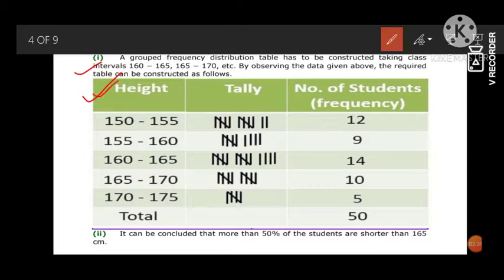The first column is the height of the student, next column is tally, and the last column is number of students, that is our frequency. Now in the raw data we have seen the lowest number is 150. So our class interval will start from 150 to 155. This will be our first class interval.